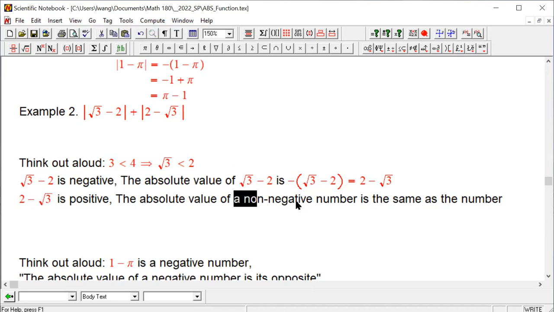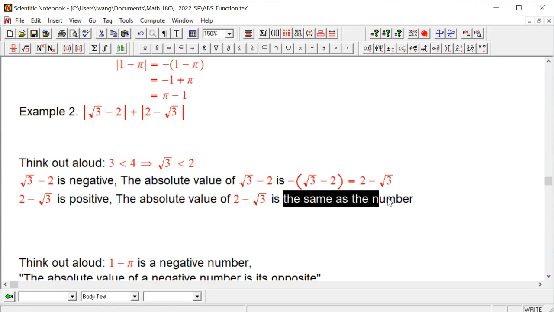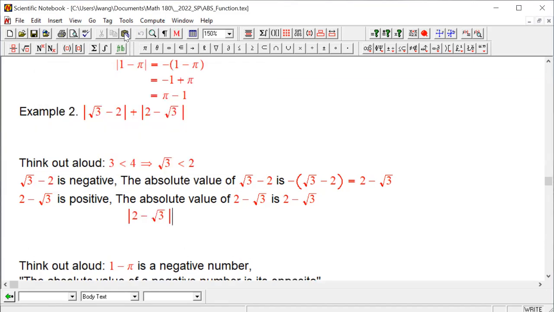So the absolute value of this number is the same as the number. Therefore, the absolute value of 2 minus root 3 is the same as that.